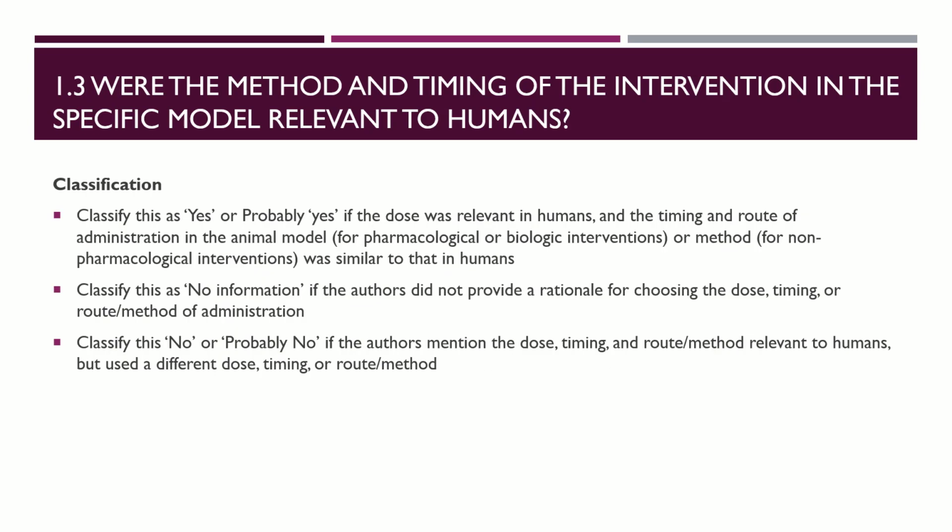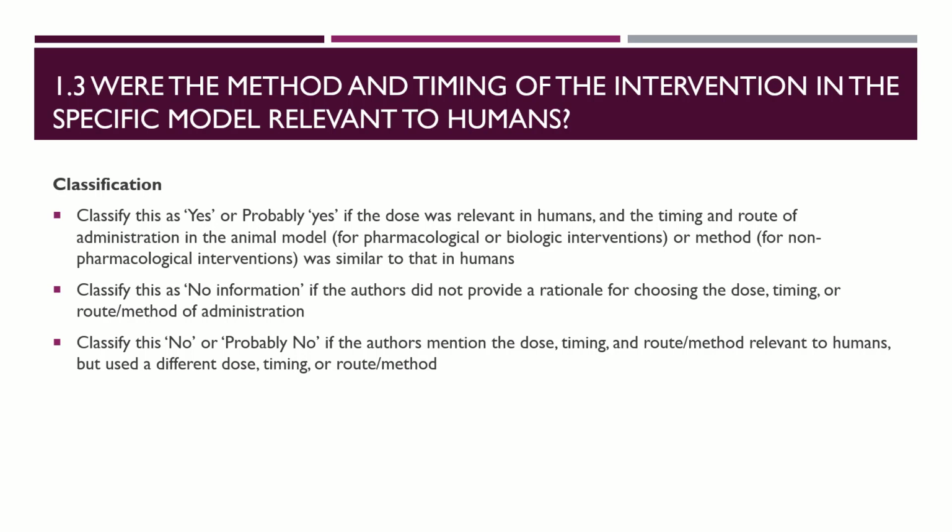Okay, how are you going to classify this question? Classify this as yes or probably yes if the dose was relevant in humans and the timing and route of administration in the animal model for pharmacological or biological interventions, or the method for non-pharmacological interventions, was similar to that in humans.